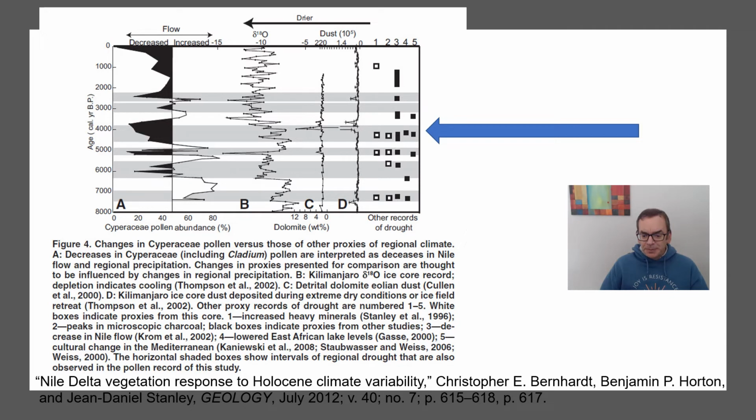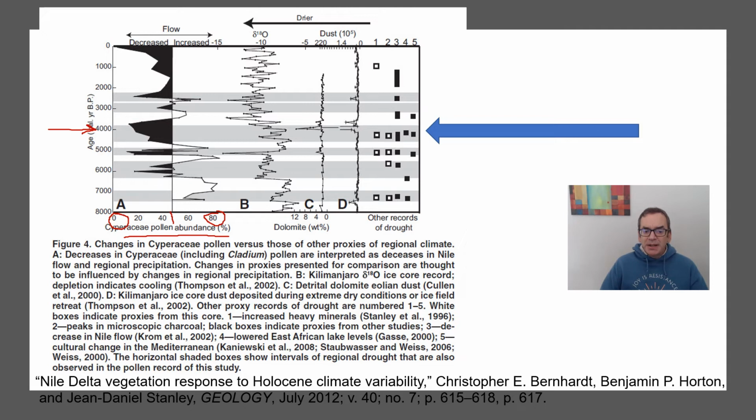This is from page 617 of that article, and what I want you to really look at is here. 4,000 years before present is about 2000 BC, so the end of the Old Kingdom. On this chart, they've looked at the percent of pollen from these sedges. Here's a large amount of pollen, here's no pollen.